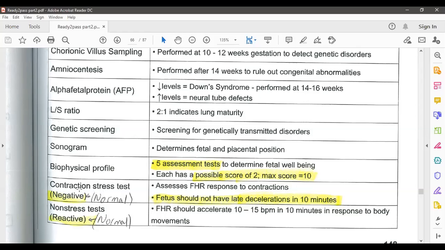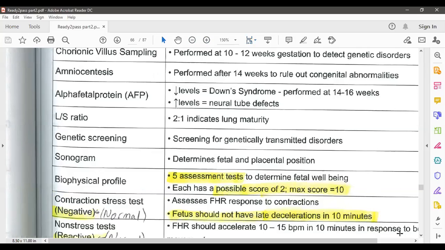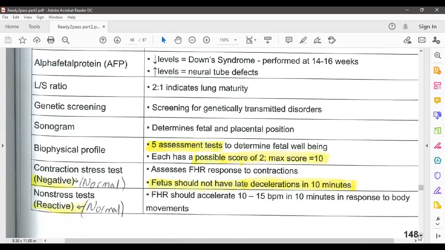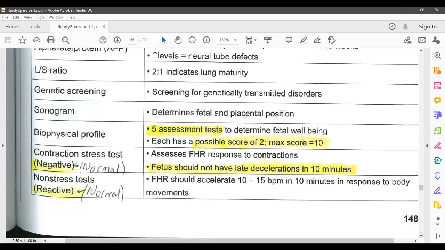And after the contraction test, we should go for the non-stress test. Both are important, and we are going to talk about this. So let me show you the contraction test first.